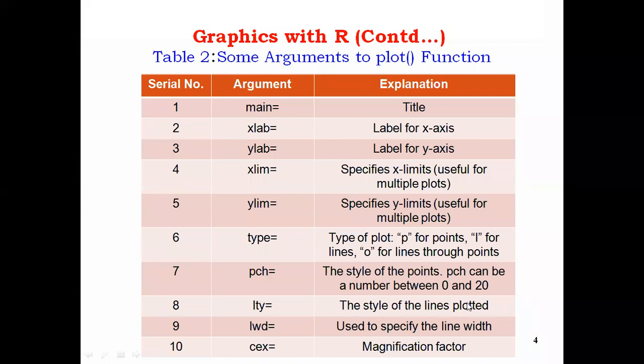Here I'm writing 0 to 20, but there are 25 different point symbols in R. Here I'm giving the numeric values 0 up to 20. In case of 0, this is a square. For 1, this is a circle.